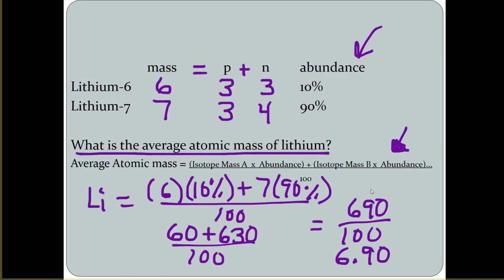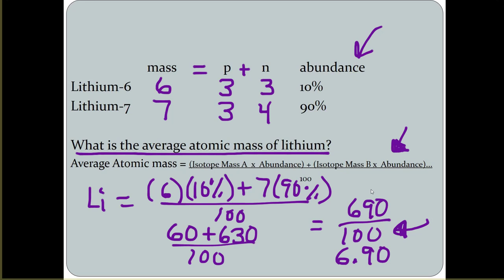So now if you look at the average atomic mass of lithium on the periodic table, we did pretty good here. So we probably have a little bit of rounding with the 10% and the 90%, but this is just to give you a good idea of how you work these out. So again, you want to save and take it out of percent at the last minute. I just find that if I tell students that there's 5% of one isotope, they will write that percentage as 0.5, not 0.05.